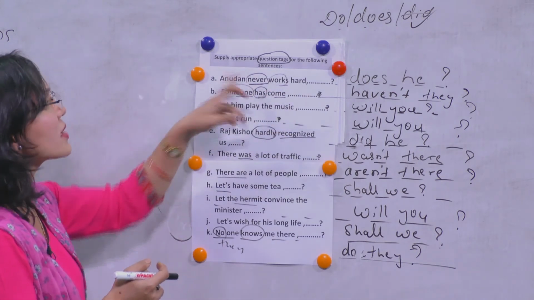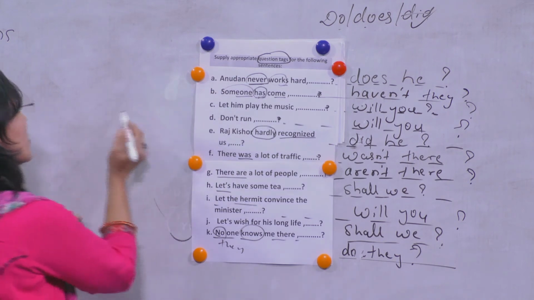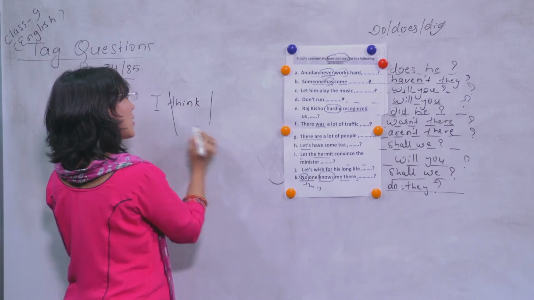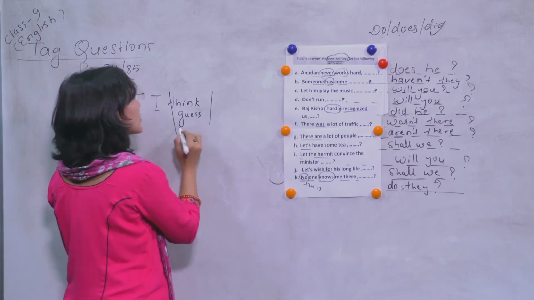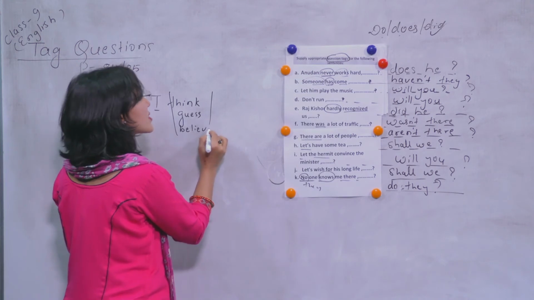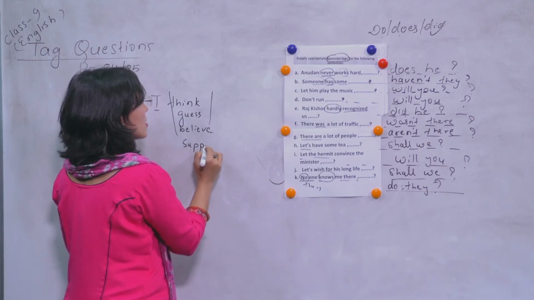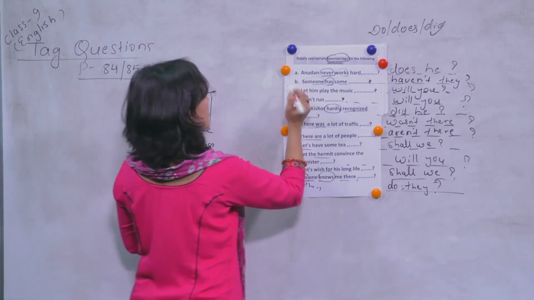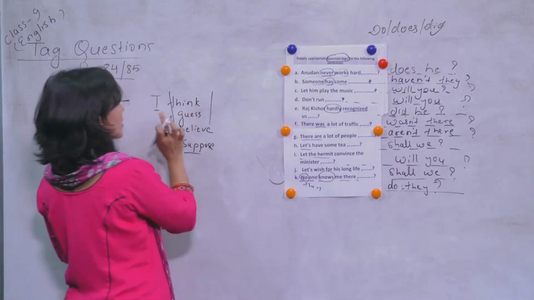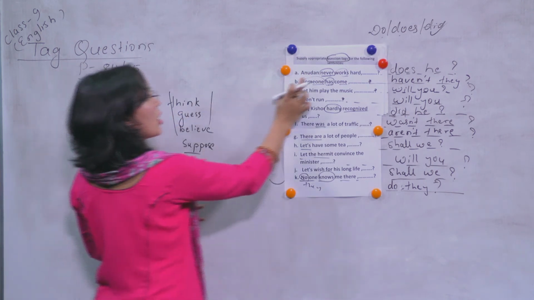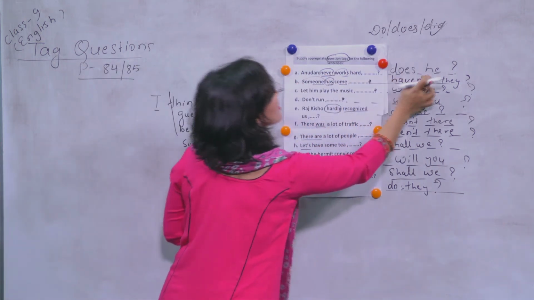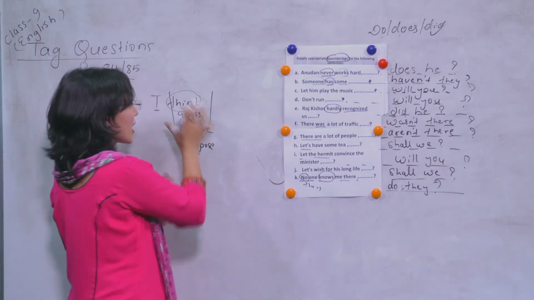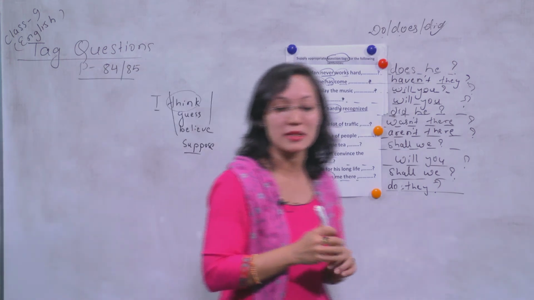I have told you what the expressions are: I think, or I guess, I believe, I suppose. So this is the actual sentence. I'll tell you one example. I think Anudan never works hard. Does he? We shouldn't go with don't I. These are just an attachment to those sentences.